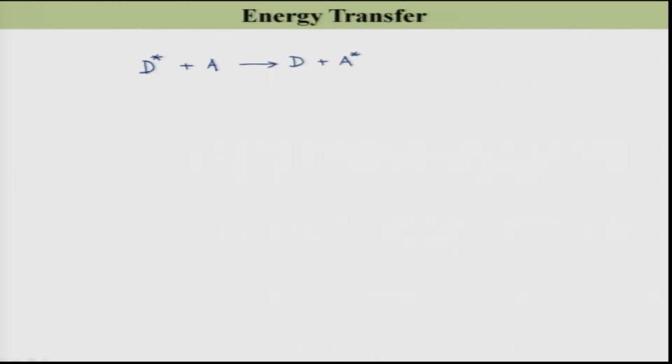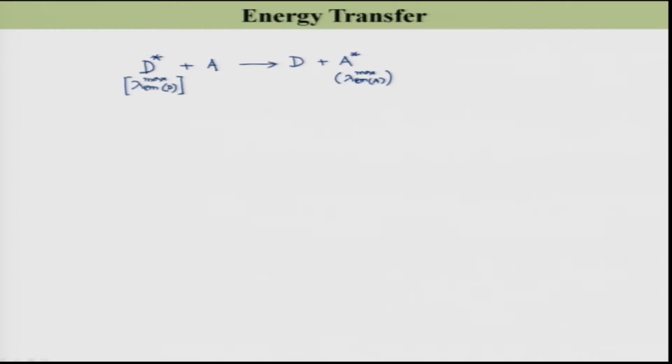Now, this has a different emission maximum. Let us say lambda emission maximum of D, but this molecule A will have a different emission maximum, lambda emission maximum of A. So what will you see?